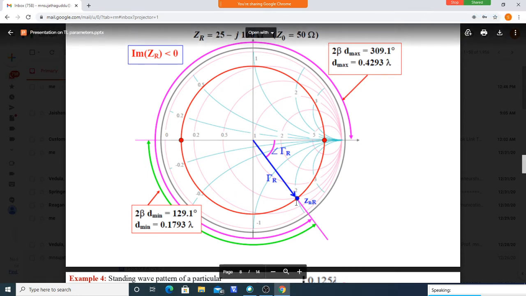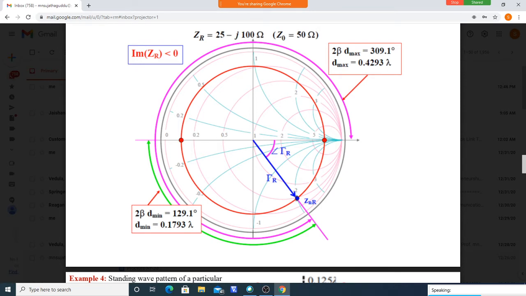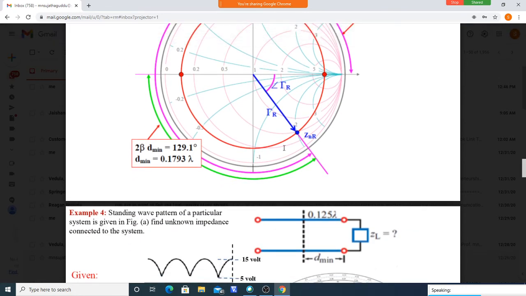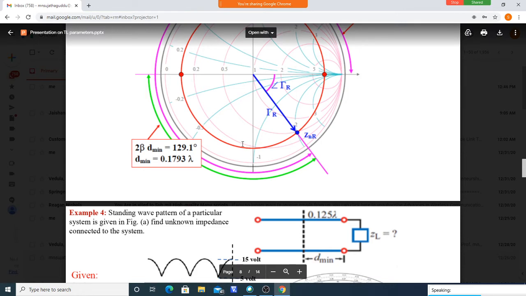Okay, so now from the load, this is the load point. You move from here in the clockwise direction. That is nothing but moving on a transmission line. So started from here, you move like this. Are you getting any minima or maxima from here to here?